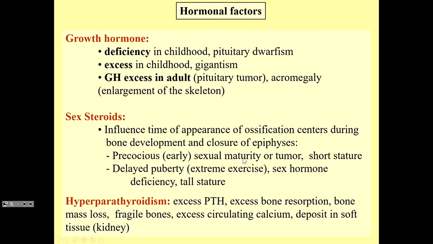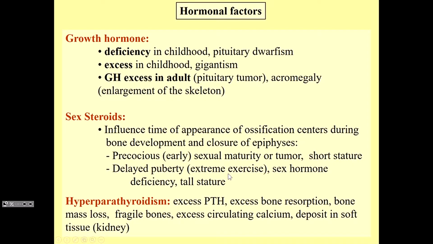If you have delayed puberty, and this can be caused by a number of things, for instance, kids that exercise a lot, extreme athletes, okay, they're running marathons, triathlons, running all the time, those kids tend to be tall. And guess what? When you look at these long distance runners, they're always skinny and tall, right?